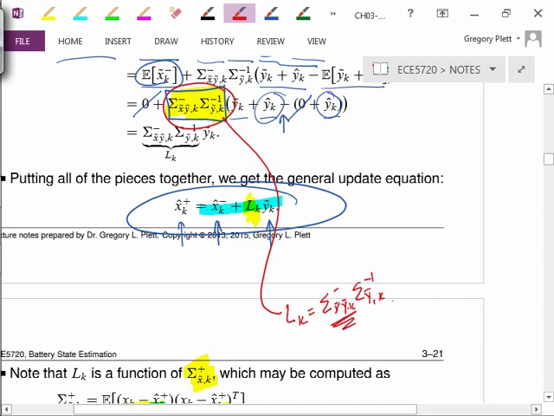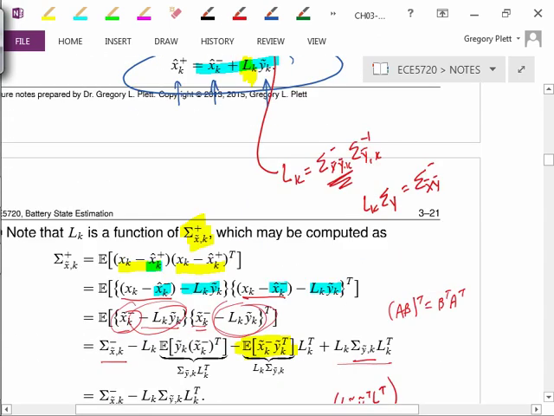That's the expected value of x tilde y tilde. I can solve by multiplying both sides by sigma y on the right. So I should have L_k sigma y equals sigma x y minus. So that's what we have here. L times sigma y is equal to the correlation, the expected value of x tilde y tilde transpose. And this here is the same. It's just all transposed, so you have to transpose everything to see that.